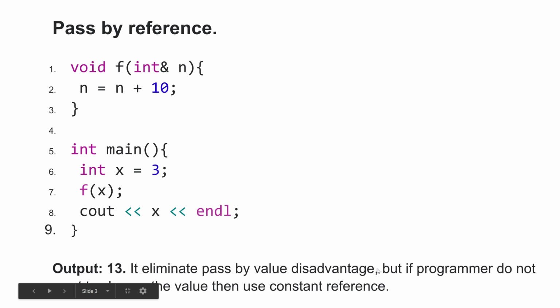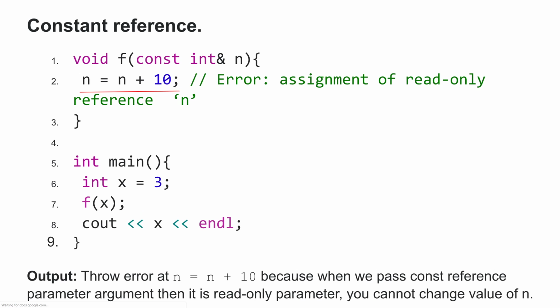Like before, you're not creating the copy. And if the programmer does not want this value to change, if you want to make it read only, maybe it is better to use a constant reference. In the C world, you will always see that type of ampersand and const keyword.